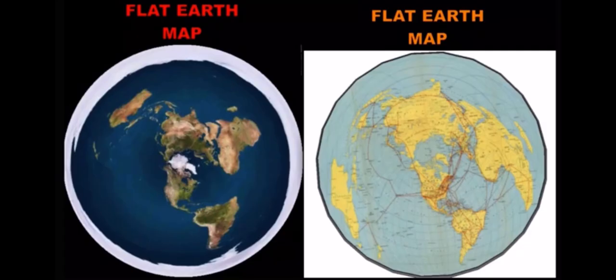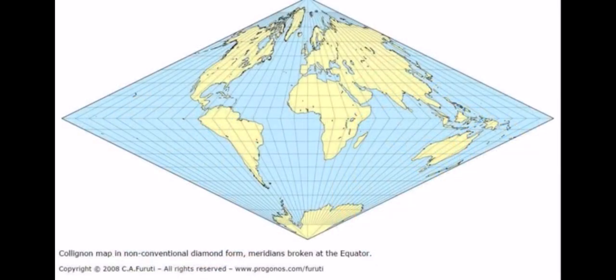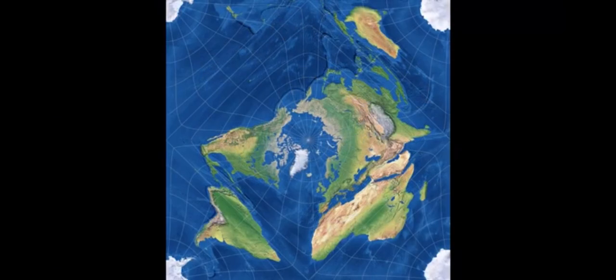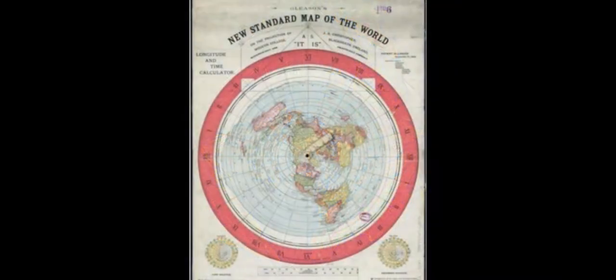Some people are completely ditching the circular concept altogether and going with other shapes such as diamonds and rectangles and squares. I've come across many different flat earth maps, so I find it highly comedic when someone comes out and thinks that they've debunked the flat earth because they show that one or two distances on this projection are incorrect.